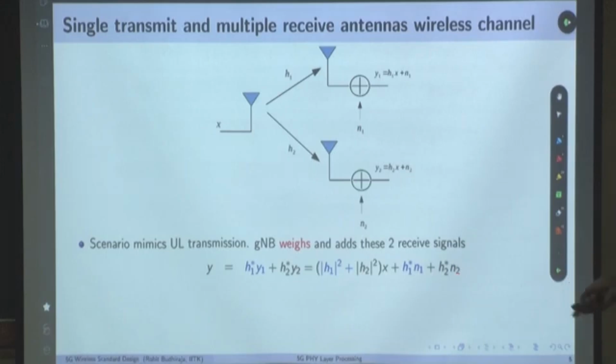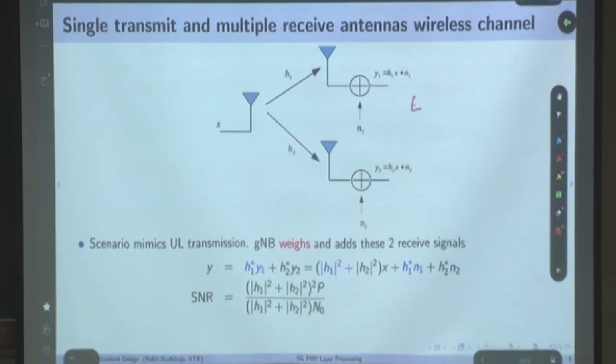Now let us calculate the SNR of this. What is the SNR? Power of signal divided by the power of noise. The power of x is p, that is what I have written in the numerator. What is the power of noise? Square of this.